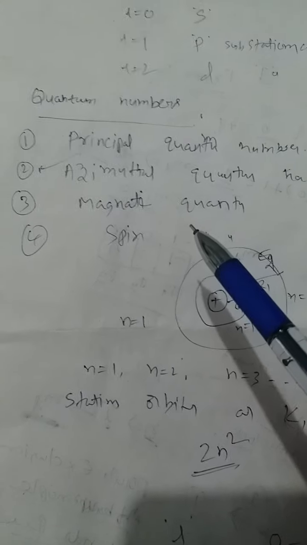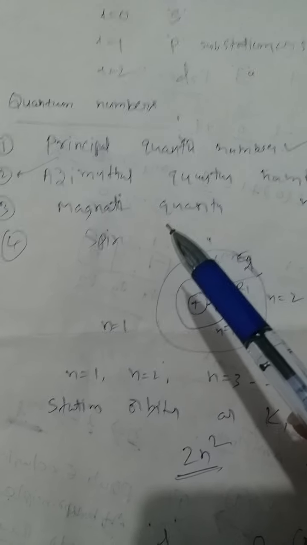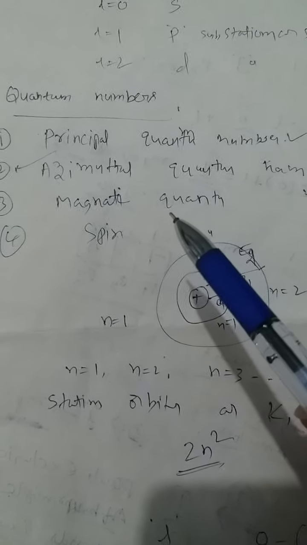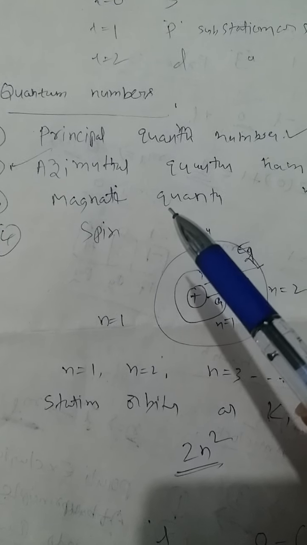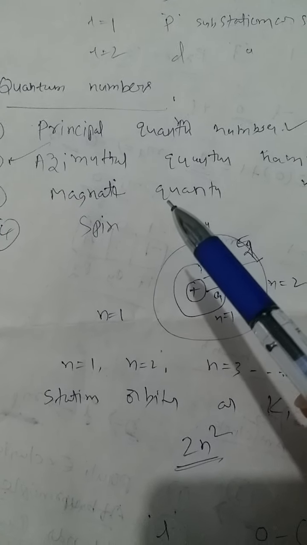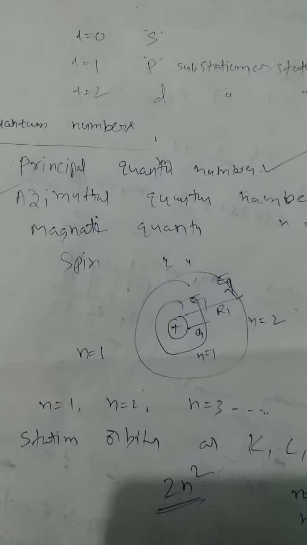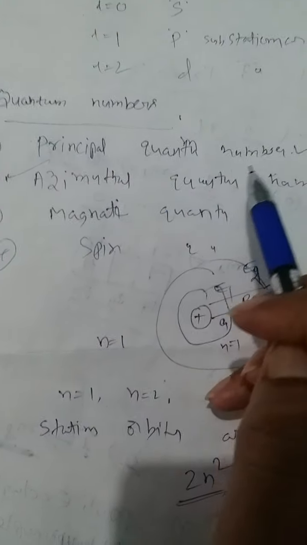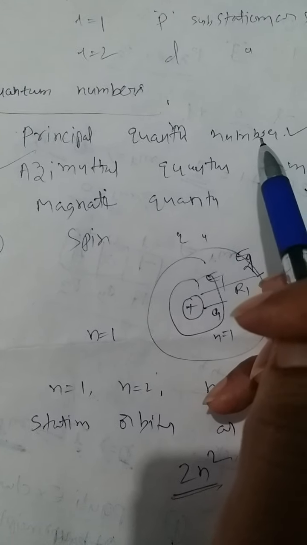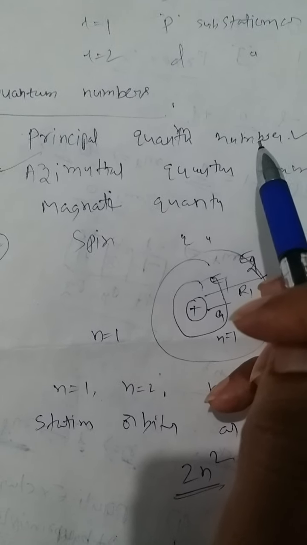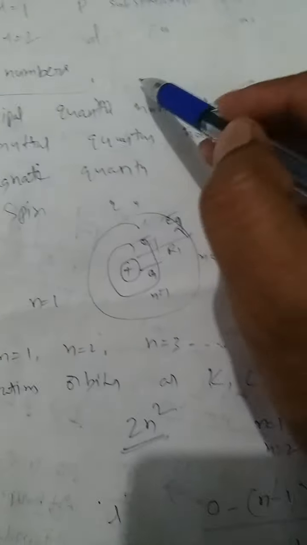These quantum numbers give information about an electron which is present in an atom. First, we should discuss the principal quantum number. The principal quantum number was proposed by Niels Bohr, and it is denoted by small n.